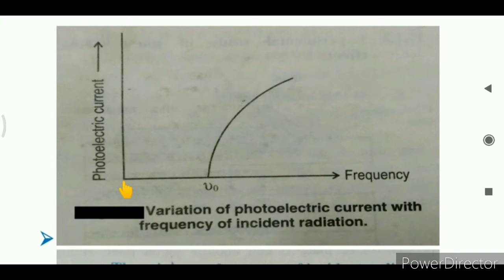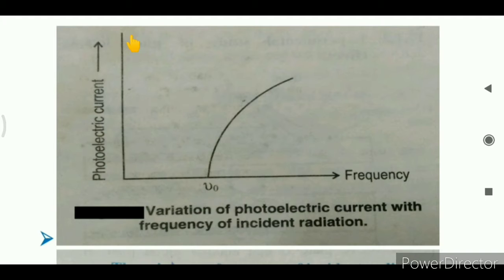Photoelectric current is obtained when the frequency of the incident radiation reaches this particular frequency nu 0. After that, as the frequency increases, the photoelectric current also increases.